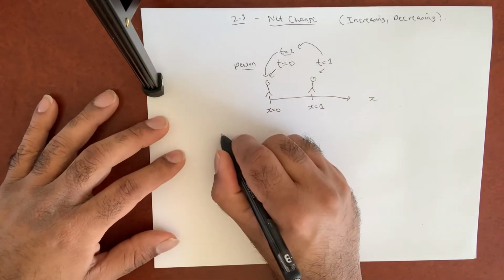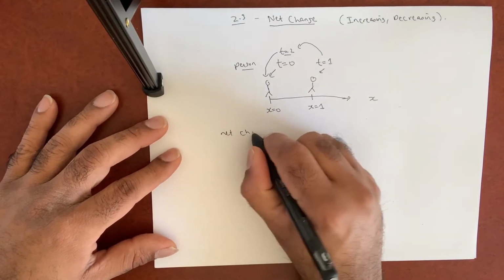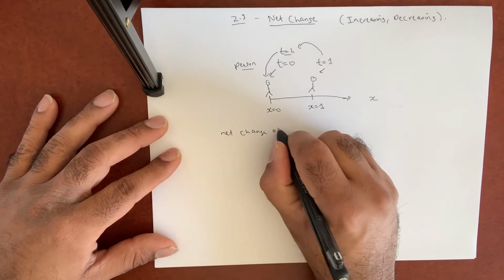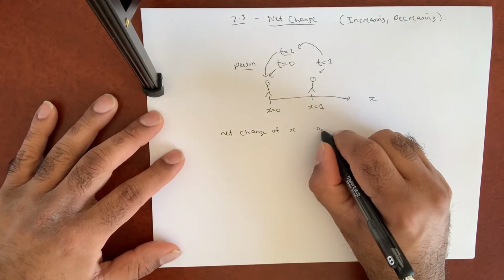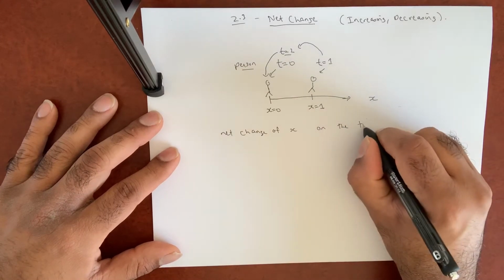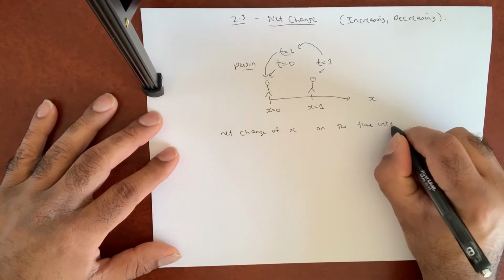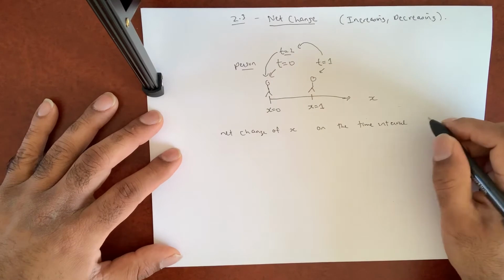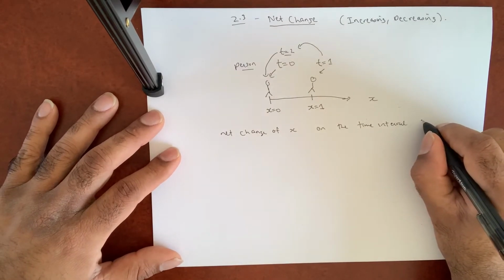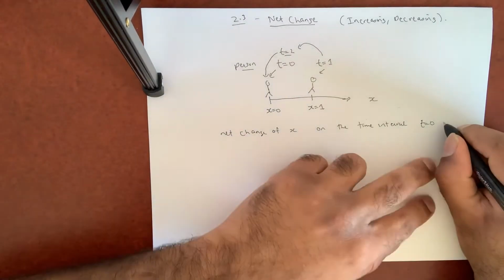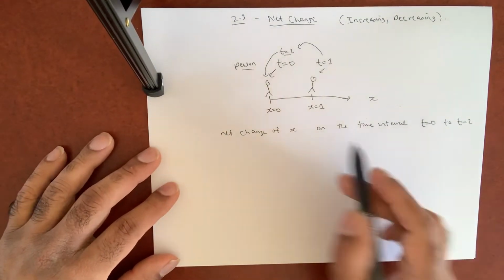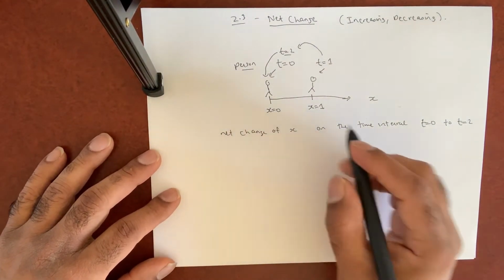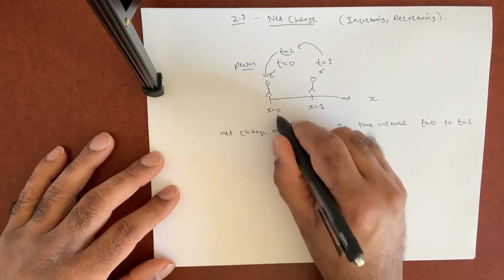So what we would say then is the net change of x on the time interval t equals 0 to t equals 2, the net change, the net distance, well, where were you here?